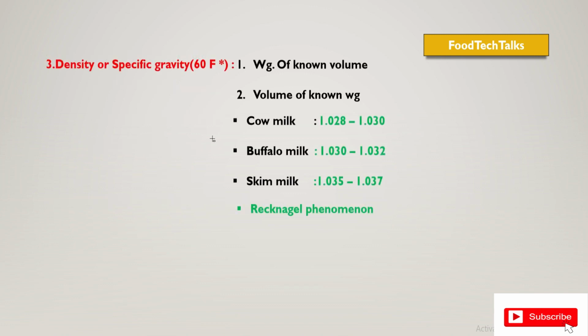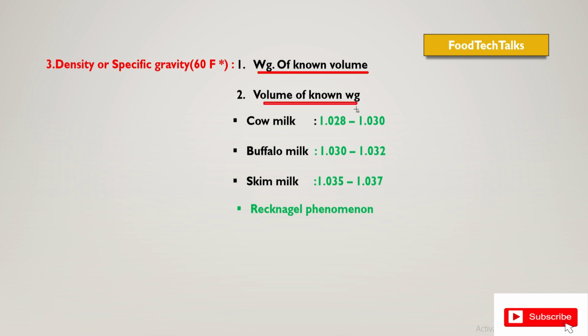Going on further, density or specific gravity of milk varies with temperature, so it is usually measured at 60 degrees Fahrenheit. It can be measured either by weight of known volume or volume of known weight.